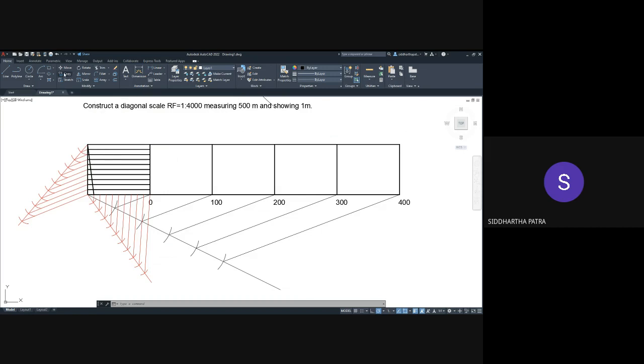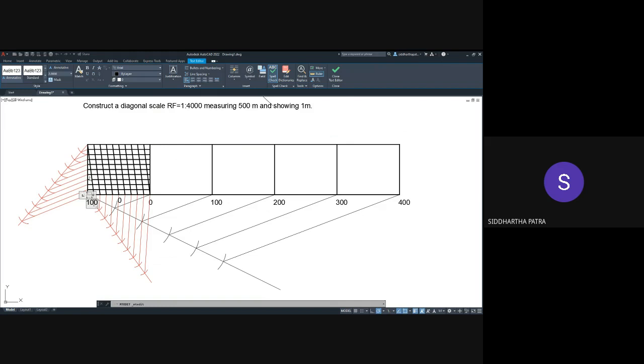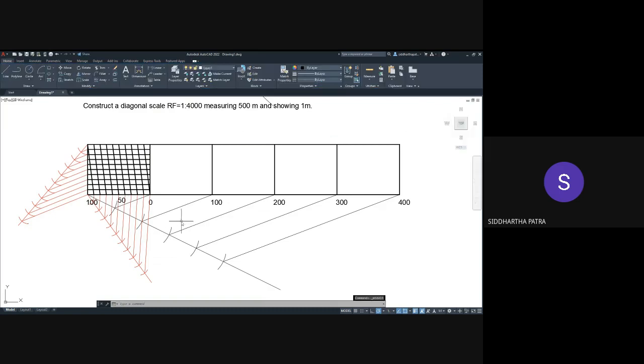And for that, we would simply copy or draw lines parallel to this oblique line right here. Does this make sense to you now?